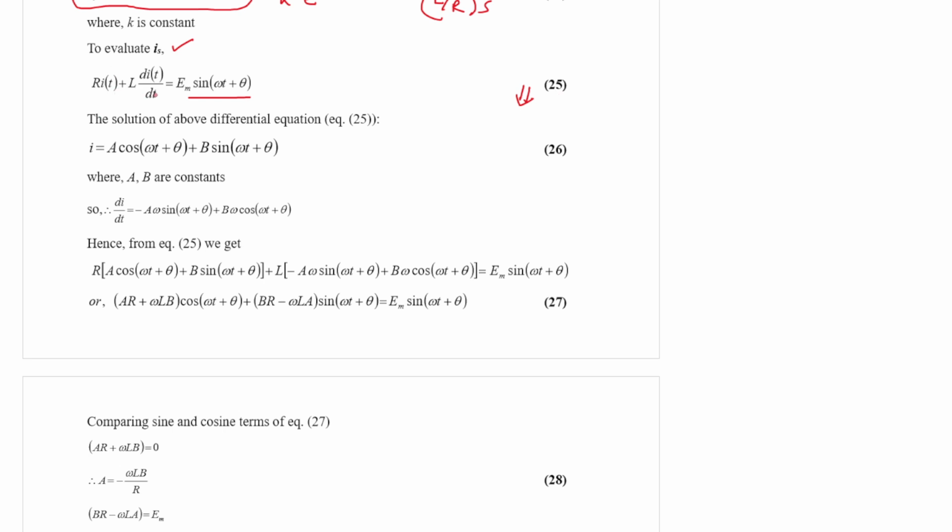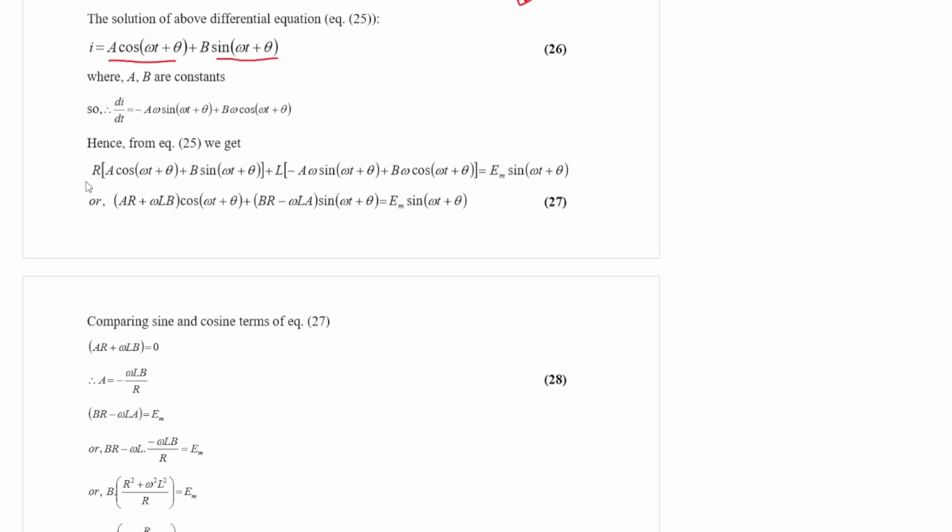Now the solution of this equation can be written as i equals A cos(omega t plus theta) plus B sin(omega t plus theta). This is the common form of the solution.